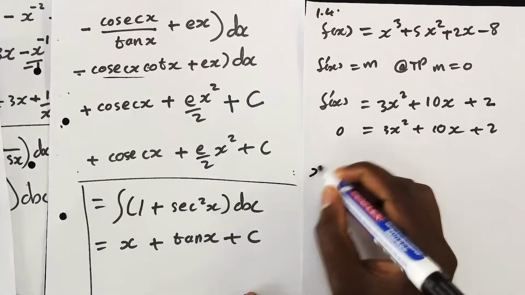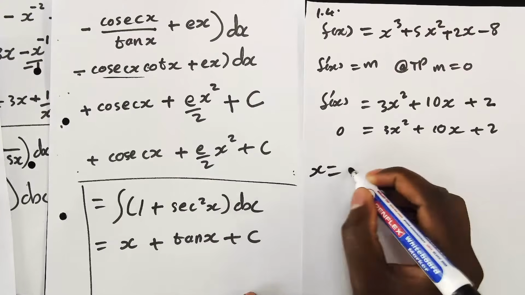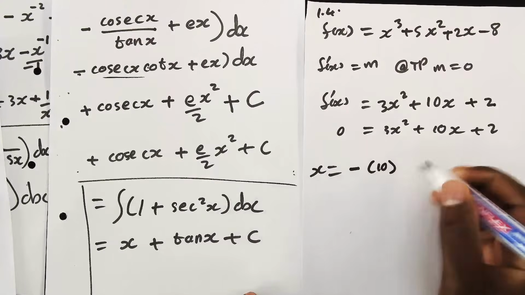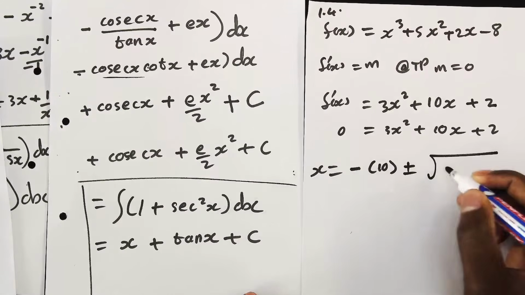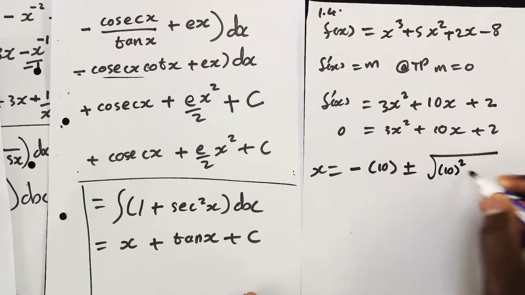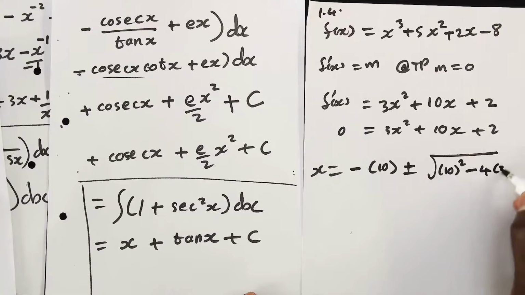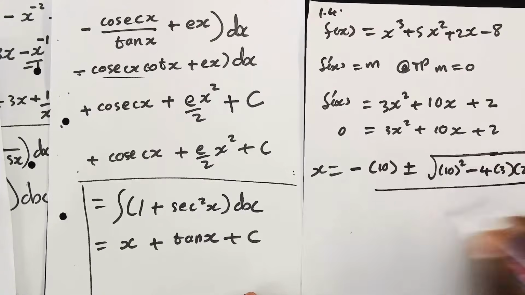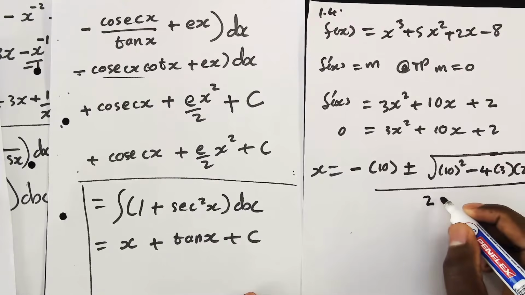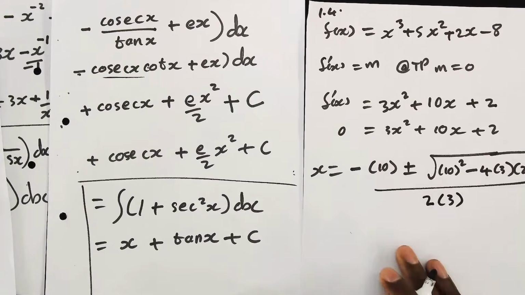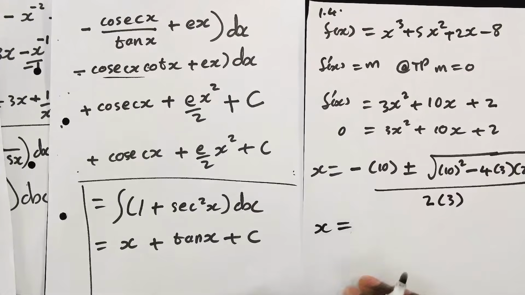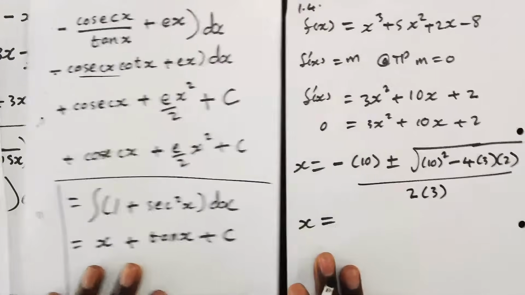So use the quadratic formula, which is x equals minus b plus or minus the square root of b squared minus 4ac, all divided by 2 into a.